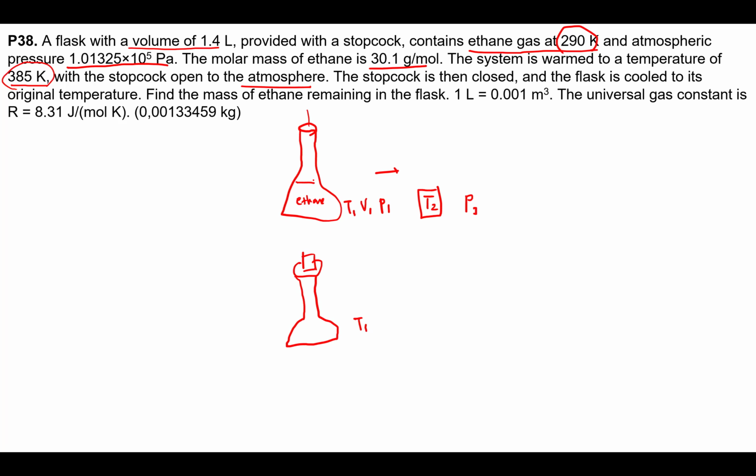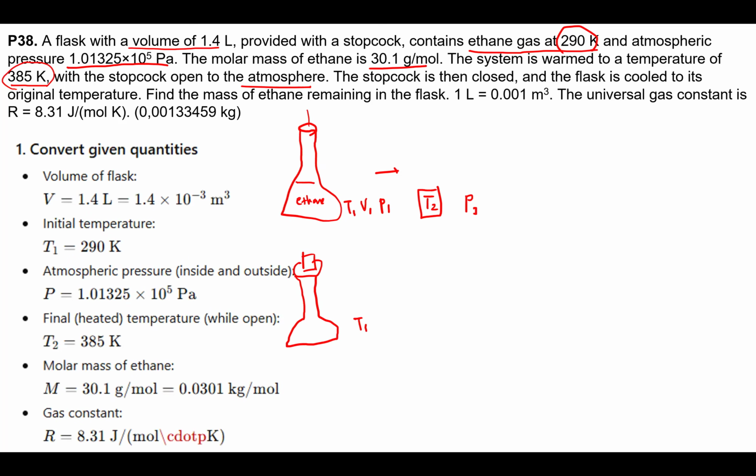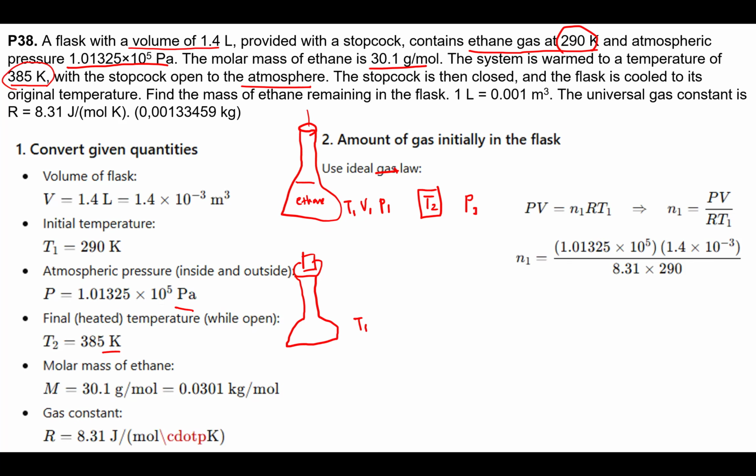The initial volume is the volume of the flask, which is given. T1, the atmospheric pressure, the final temperature, and the gas constant are all given. Then what should be known is the amount of gas initially in the flask.